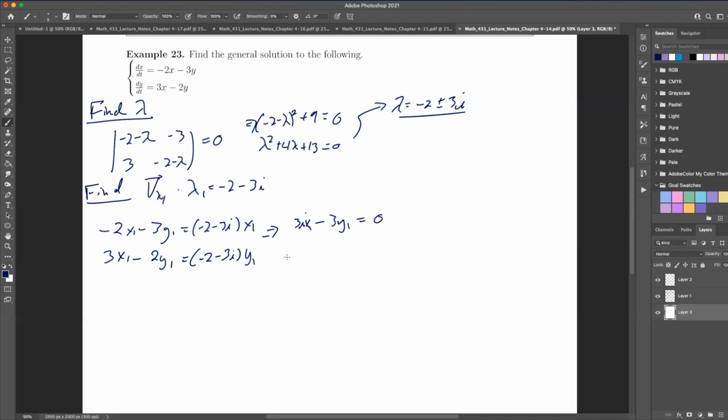And then here I have 3x1 plus 3i y1 is equal to 0. Now, are these two the same? Are these two the same equation?